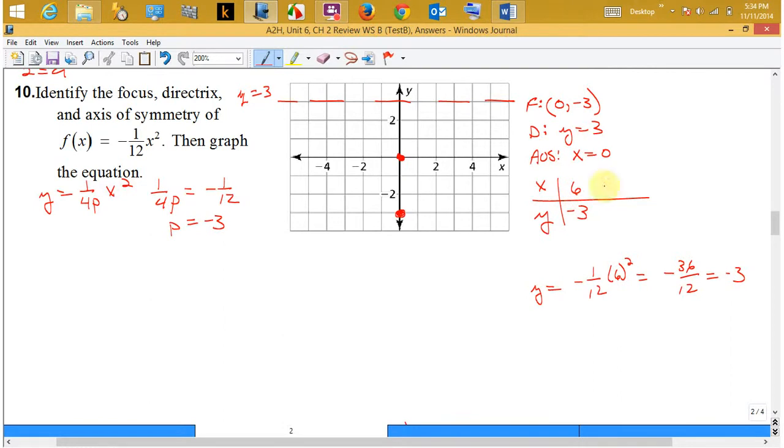And if I pick x as a negative 6, this is going to come out with the same value because the negative 6 would be squared. It's going to be a negative 3.